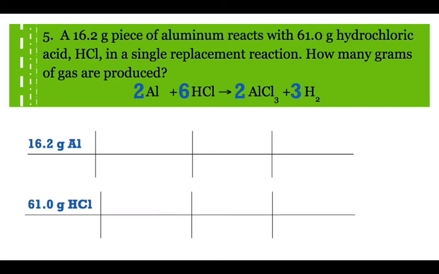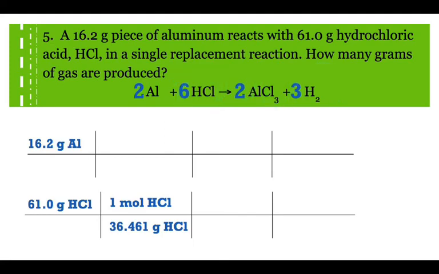Turn those grams into moles using the molar mass of HCl, just H plus Cl. And remember that the opposite side of our grams is always 1 mole of the same substance. Now that I've got moles of HCl, I can use my mole ratio from my balanced equation to find my moles of gas, and hydrogen will be the gas that we care about here. Aluminum chloride is not a gas.